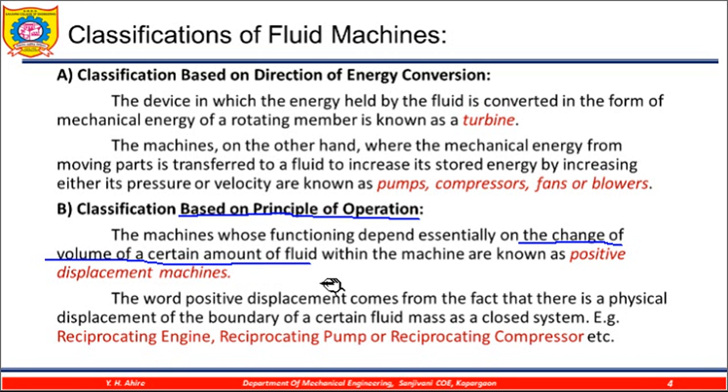This is a classification based on a working principle of a machine. So the class of machines where their functioning is dependent on the change of volume of a certain amount of fluid inside the machine are known as positive displacement machines.